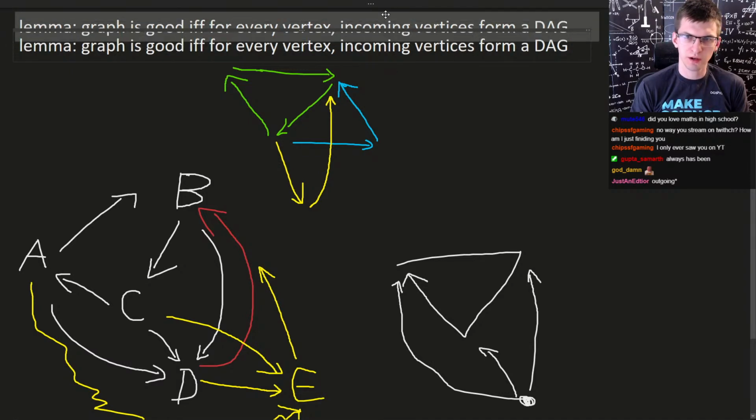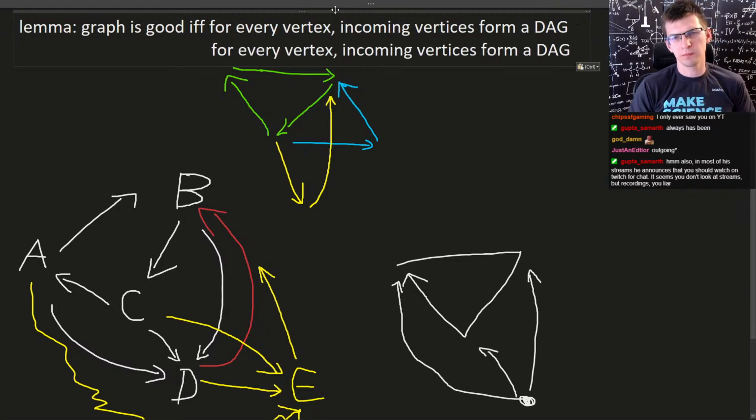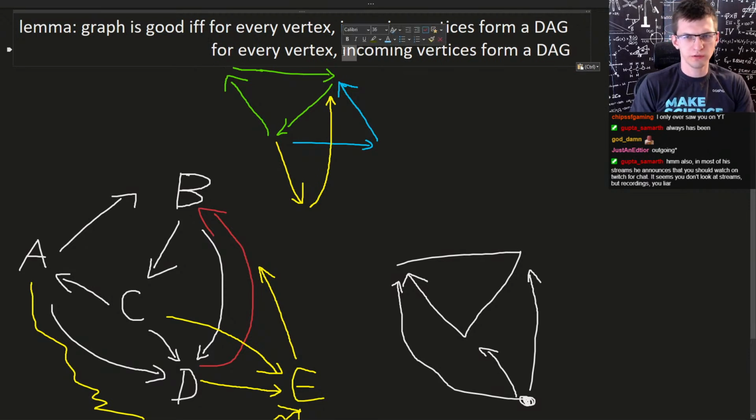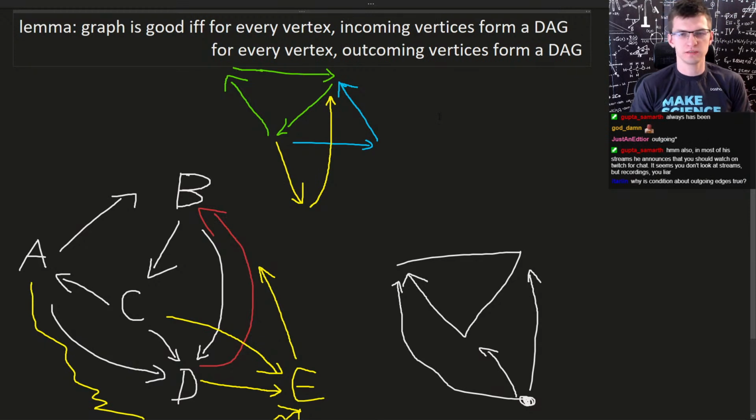Let's try to combine it with outcoming. So what if I add this? This is not true in general, but it's true if we ignore that prefix of vertices that only go to the right.